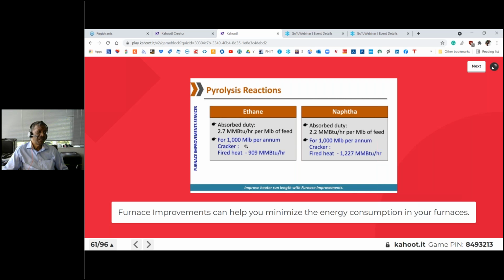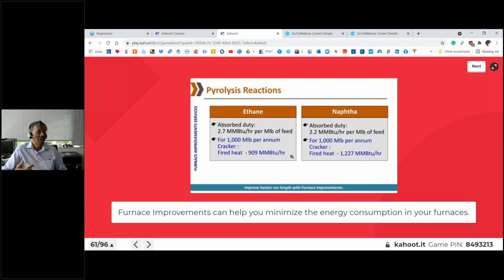And for a million pounds per annum cracker, you are looking at a heat duty of almost 909 million BTUs per hour. Similarly, in the case of naphtha, it's even 30% higher for the same capacity, 1.227.